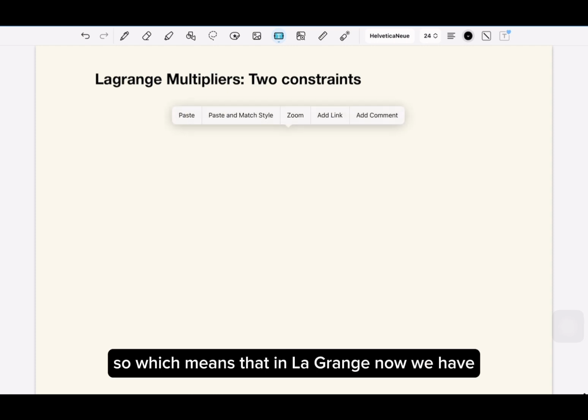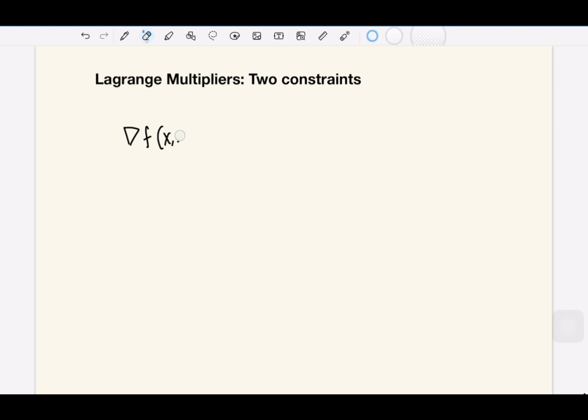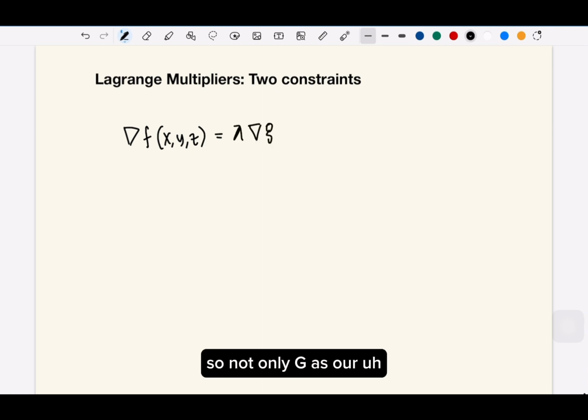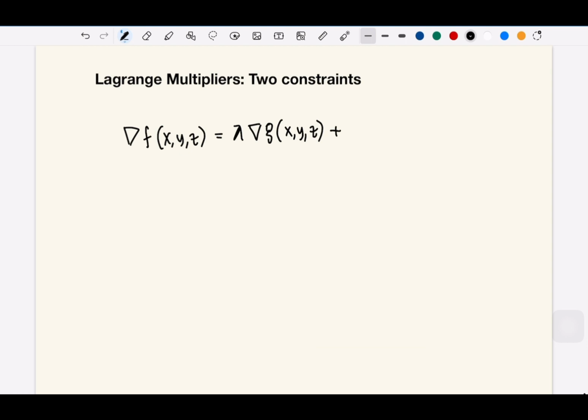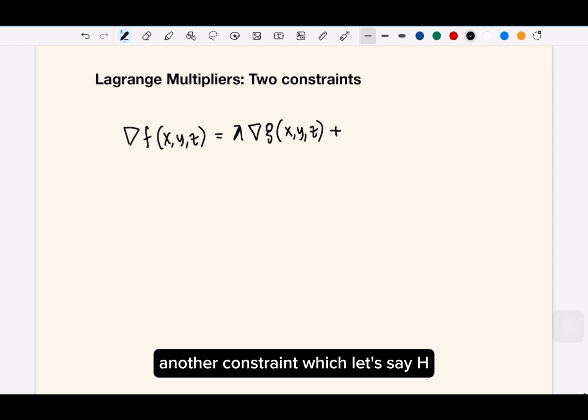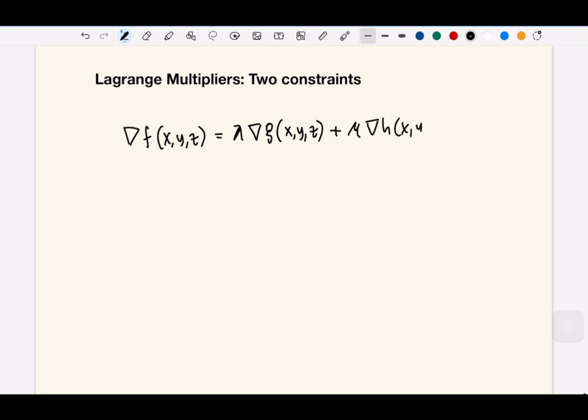Which means that in Lagrange now we have not only G as our constraint, but also we are introduced to another constraint, which let's say H, with another symbol of the multipliers, and usually we write it as mu, okay? And this will be delta H of x, y, z.